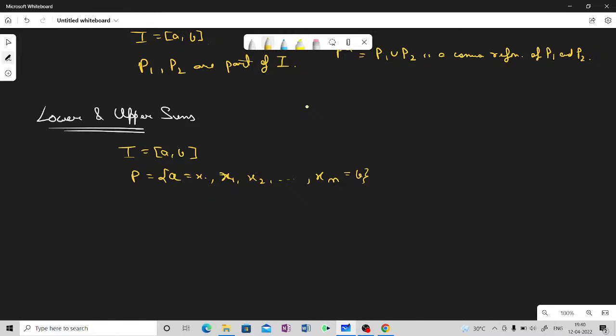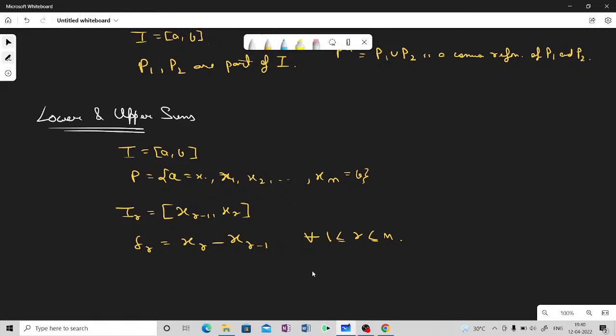For this partition, we can take a subinterval Ir as [xr-1, xr], and this given subinterval has a definite length delta r = xr - xr-1, for all r between 1 and n.